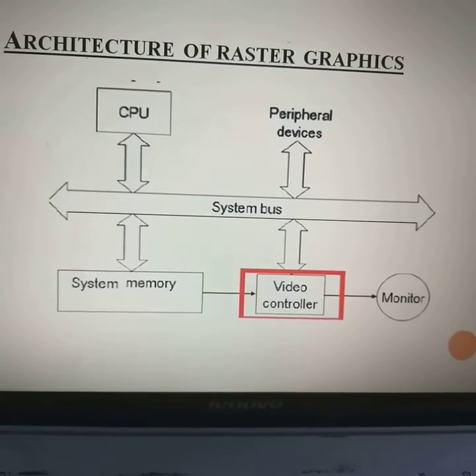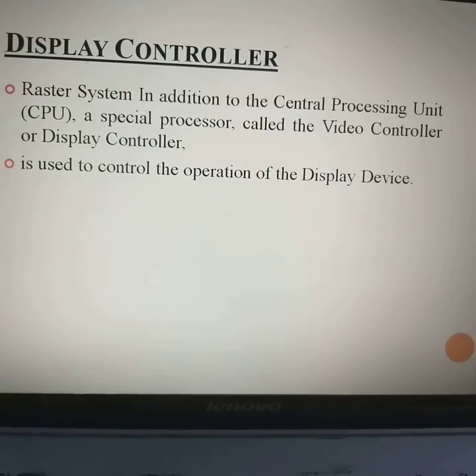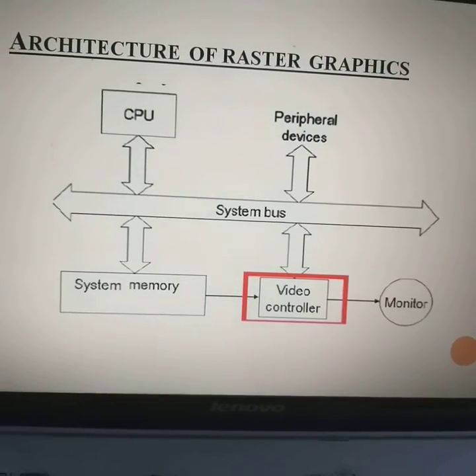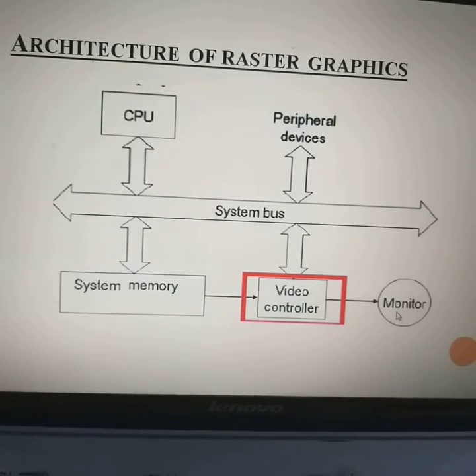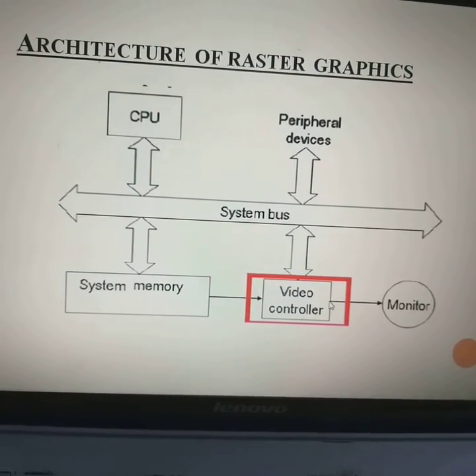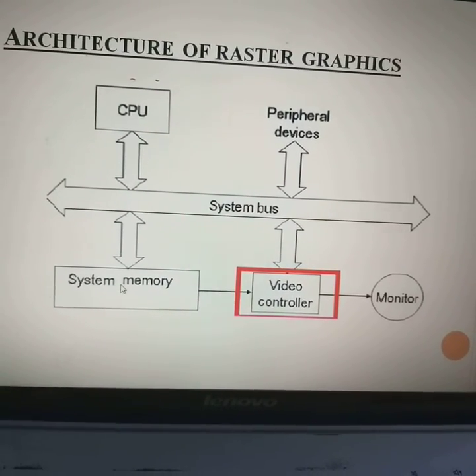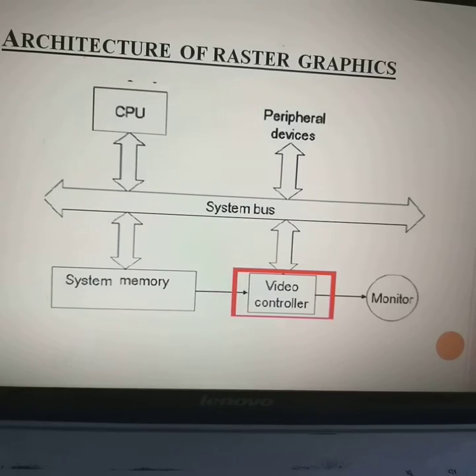Next, the architecture of raster graphics. It is a combination of the monitor, which is used to display the images, and a video controller that controls the video displayed onto the screen. The system memory is the frame buffer, where all the pixel values are stored.